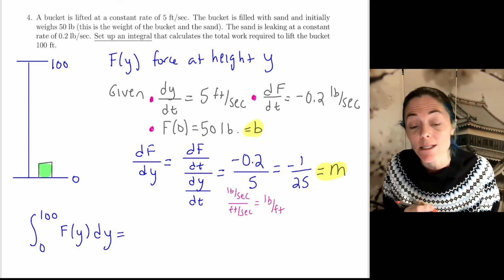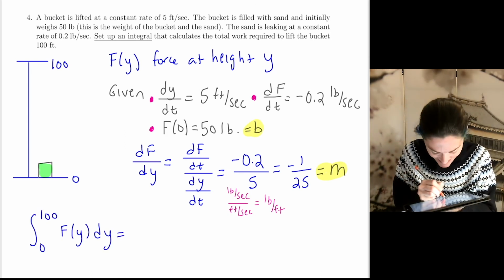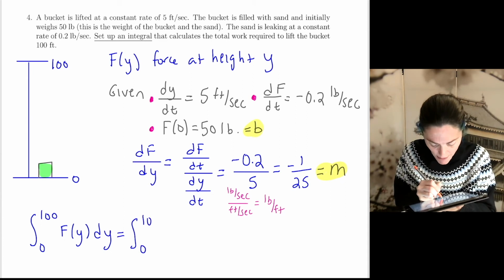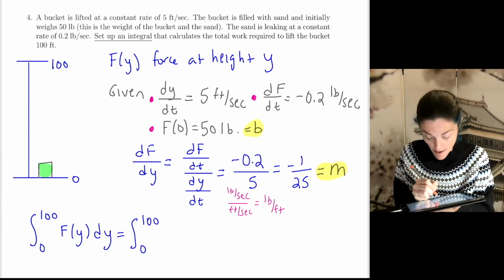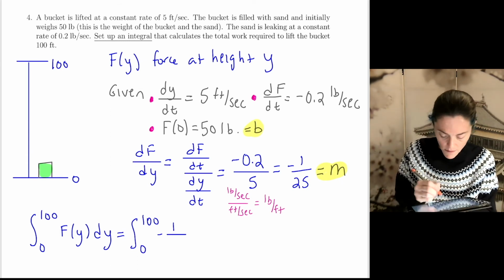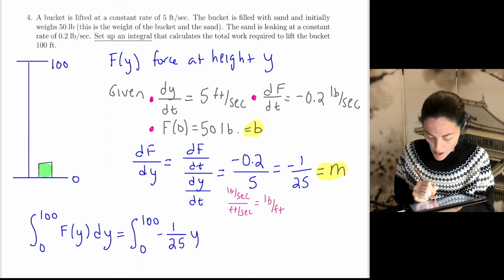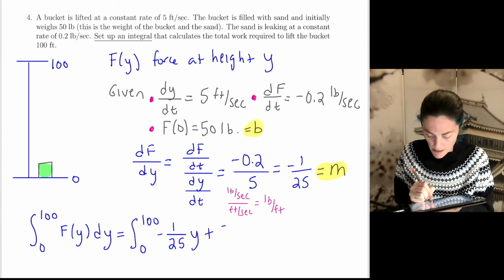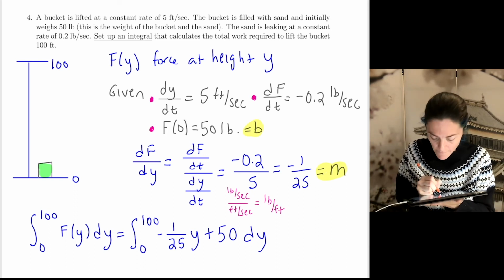And so I just need to write this in my integral. We integrate 0 to 100. Here we have m, which is minus 1 over 25, times y plus b, which is 50, dy. This would be my final answer.